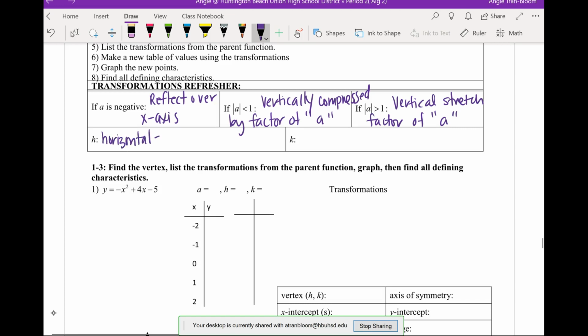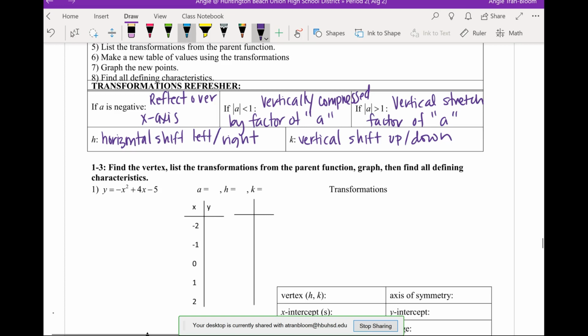Horizontal shift. It can be left or it can be right, depending on what h is. K, what is that? Right, vertical shift, up or down, depending on whatever k value that they give you. All right, here we go.